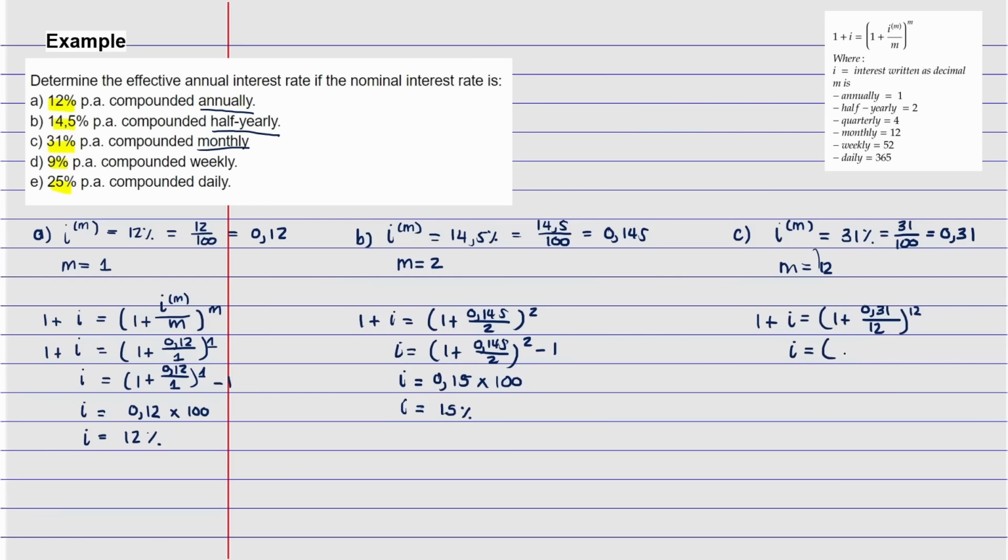I is going to be equal to 1 plus 0.31 divided by 12, to the power 12, minus 1. Punch that into the calculator. You're going to find that your I is going to be equal to 0.36, right? Then this is going to be multiplied by 100. So therefore, I is equal to 36%. So that's how you would find C.